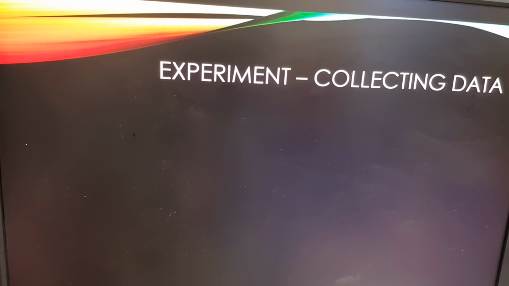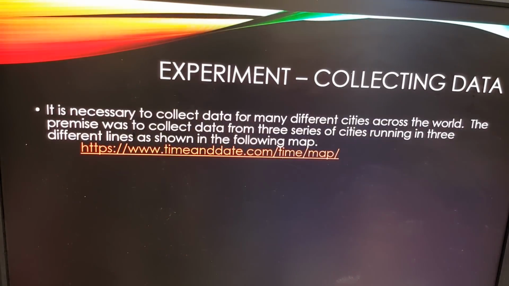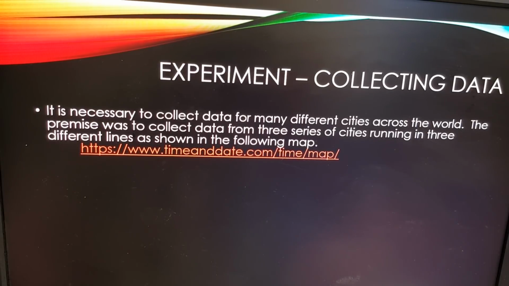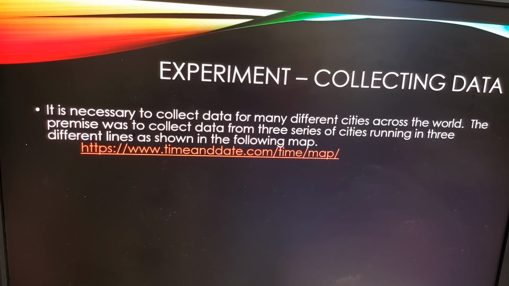So the first thing I did is to collect data. And I wanted to use many different cities from all across the world in order to not make it a one data point experiment. The premise is to collect from 3 series of cities running in 3 different lines, as I'm going to show you here in a minute with this map.